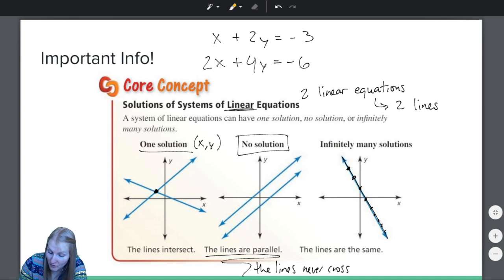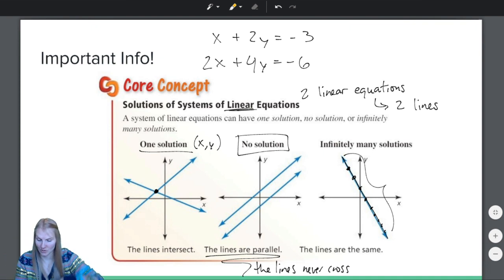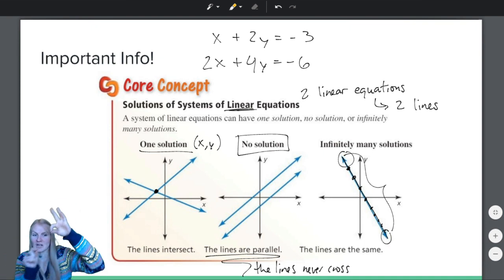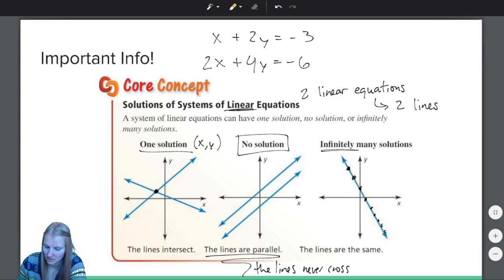And when I say every point, how many points are there on a line? Well, lines extend forever in both directions. That's what these arrows mean. It just keeps going and going. So there's infinitely many solutions. We can't even count how many solutions there are. Well, I guess it could be countably infinite, so never mind.